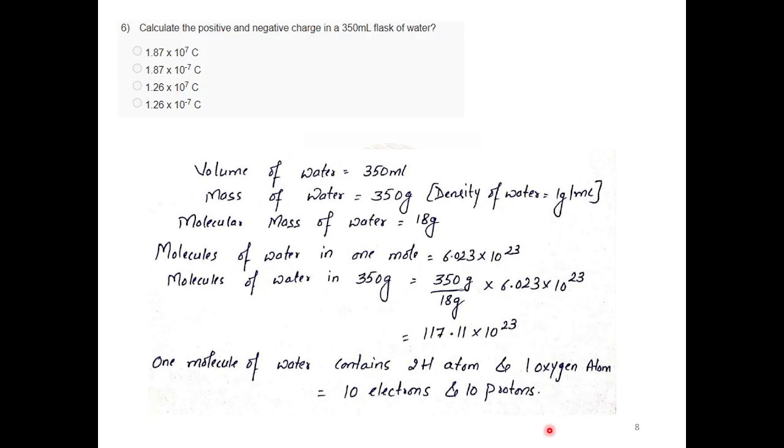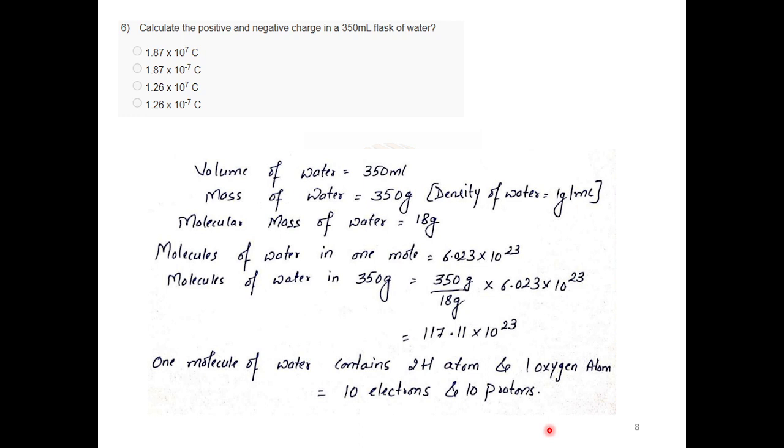Now carbon has 6 protons and 6 electrons, and hydrogen has 1 electron and 1 proton. So 6 plus 4 equals 10. So 10 protons and 10 electrons are present in each molecule of CH4, right?